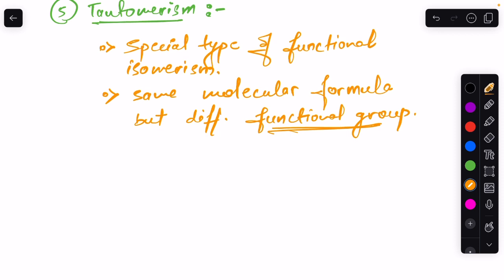So it looks like it is a functional isomerism, but the thing is 2 isomers.